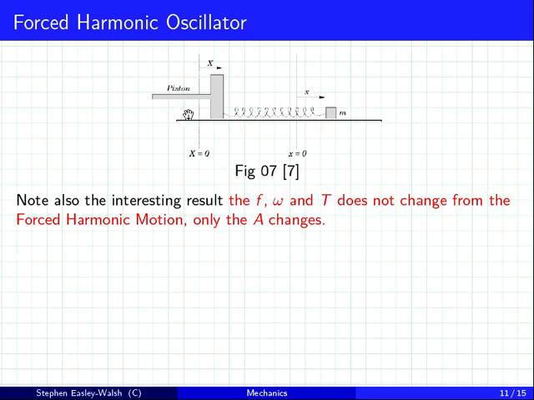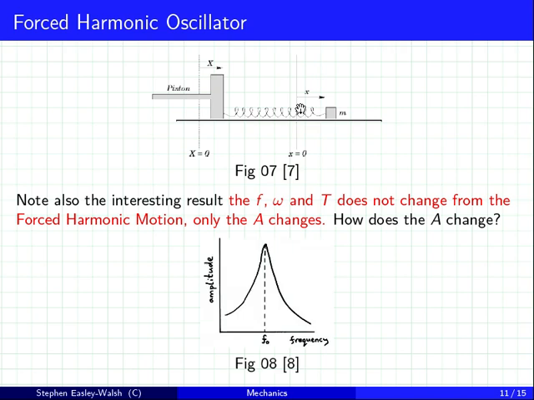So, high, wrong. Low, also wrong. The answer is, if the frequency here matches the frequency here, you'll get a bigger amplitude. And you can see this on a graph. So I call this frequency here F0.